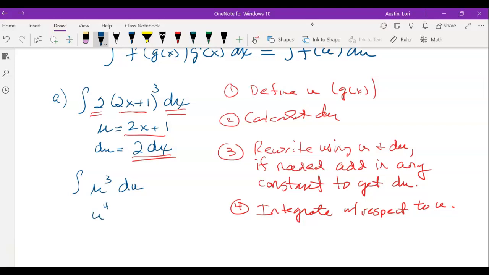U over... This is an indefinite integral. What do we stick in there, Kyle? Oh, it's in the original problem. Remember, you're replacing 2x plus 1 with u. So it becomes u cubed, because that was the original problem.